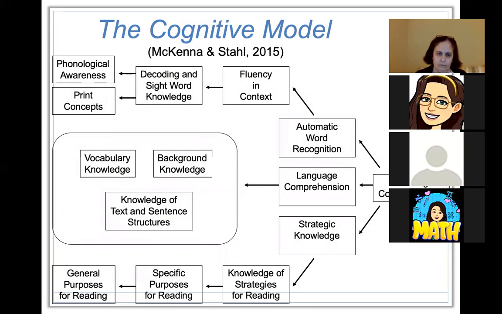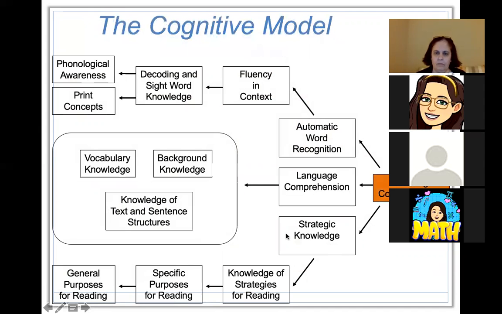It's not for the students to say the sounds very fast when they're asked to segment them, but the goal is for them to learn those skills, master those, in order to have enough cognitive energy to devote to reading comprehension. So these 3 areas that merge to support reading comprehension are automatic word recognition, language comprehension, and strategic knowledge. The ultimate goal is reading comprehension.